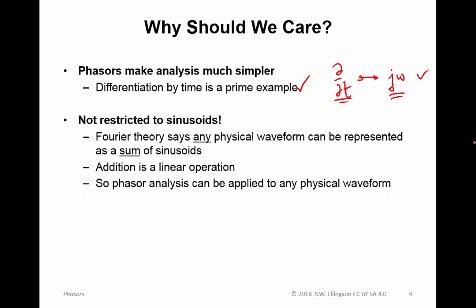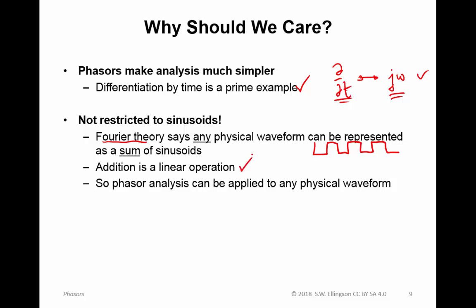Another reason that we like phasors so much is because this theory is not restricted to sinusoids. The reason is because Fourier theory says that any physical waveform can be represented as a sum of sinusoids. For example, you know that a square wave can be represented by a sum of sinusoids. Any other physical waveform, not even just periodic waveforms, can be represented as sums of sinusoids.